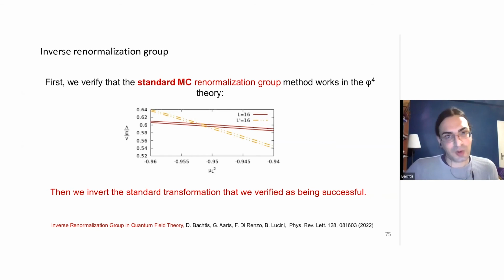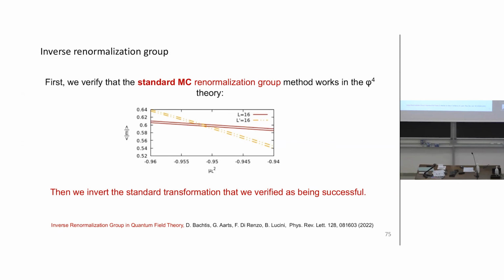So again, we are in the context of the inverse Monte Carlo renormalization group, right? The question applies to both of your parts, but anyway, take the inverse renormalization group.